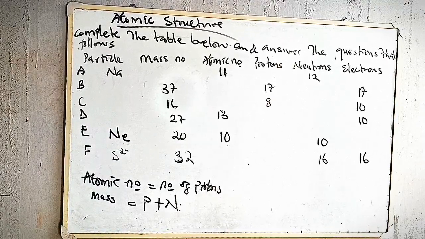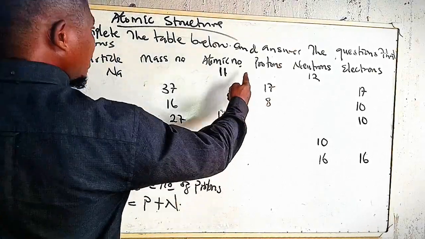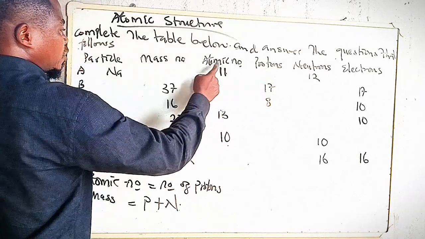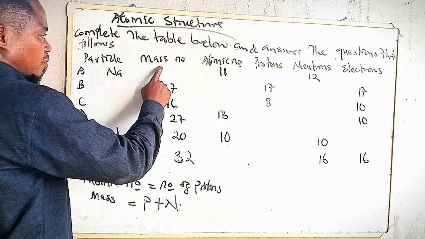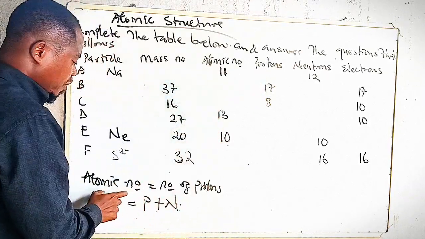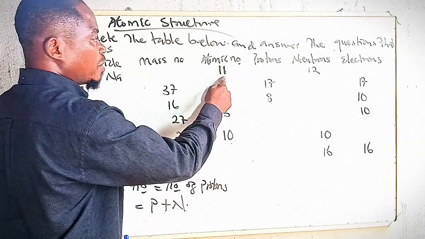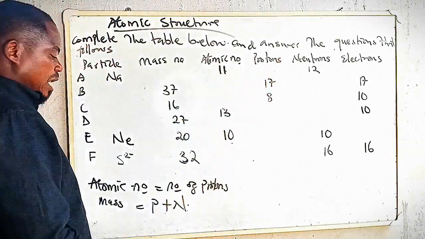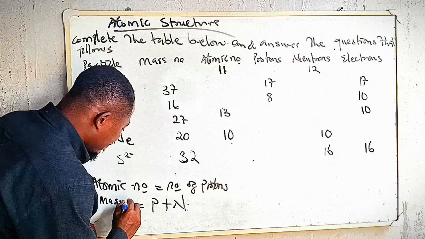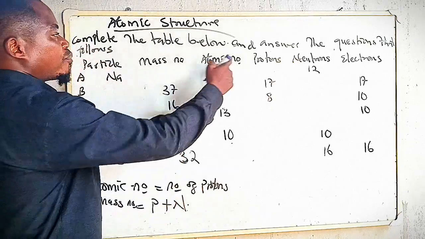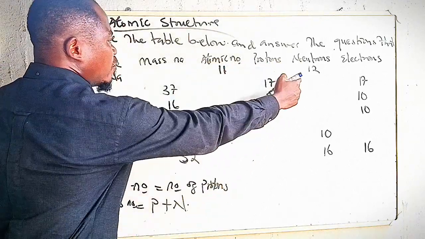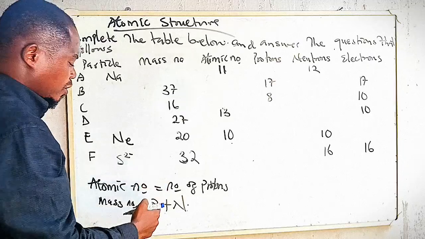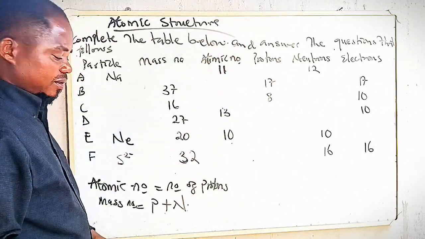Okay. Then on the board also, we have talked about protons, atomic number, and mass number. So definitely, if atomic number is equal to number of protons, once you know the atomic number, you know the number of protons. Now, if our mass number is equal to number of protons plus neutron, then if we have either of the two variables, we can find the unknown.